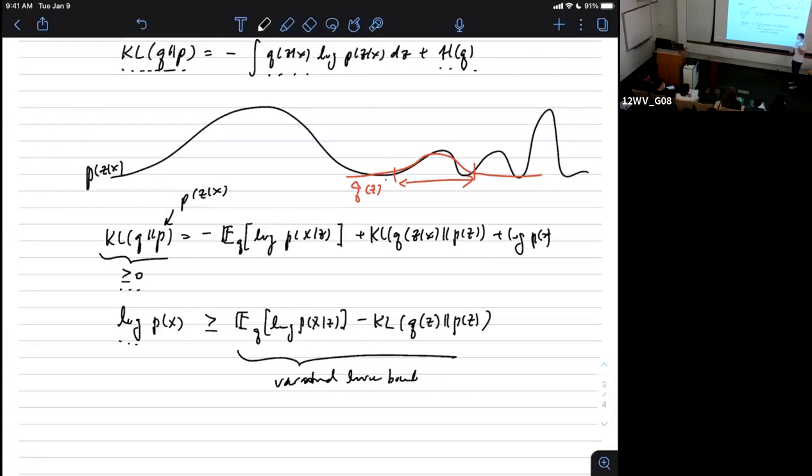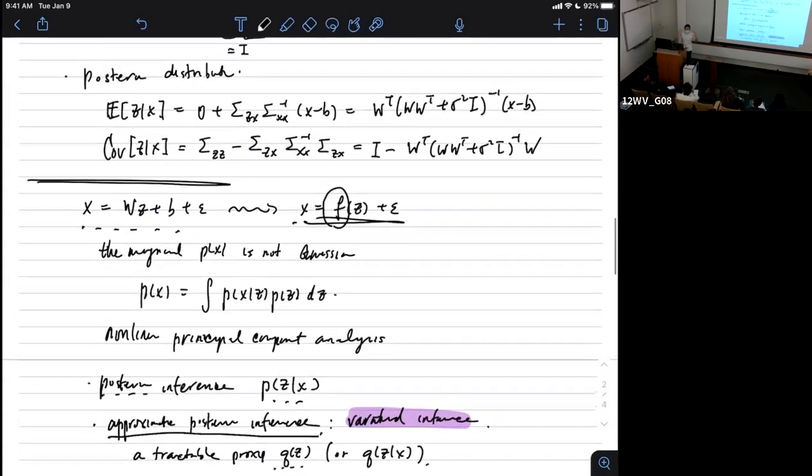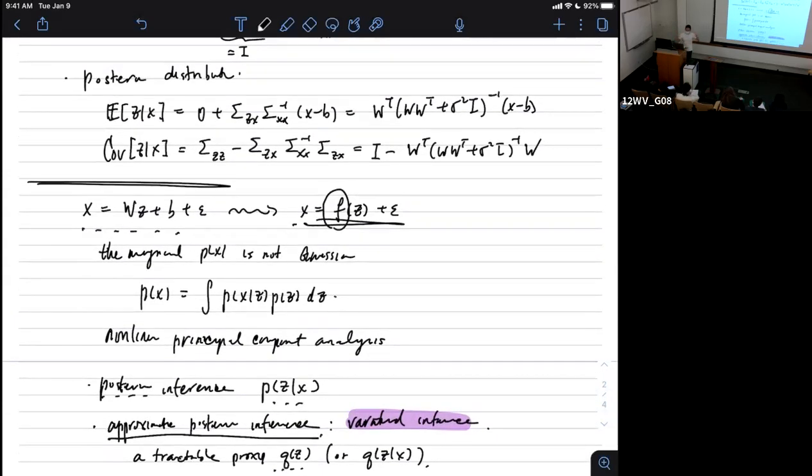So it's a very tight lower bound, and then you try to maximize that proxy instead, so as to rule out all the other bad values of P of X. And then what this actually tells us is that we do both the posterior inference, so finding a good Q, and estimating the parameters.